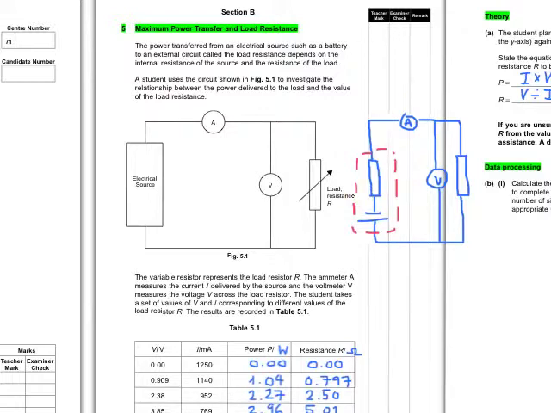So I'm just going to label this lowercase r, and the other resistance that we have in the circuit is the load resistance R. So the pair of them are one after each other, so they're in series. So we use our total is equal to R plus r.